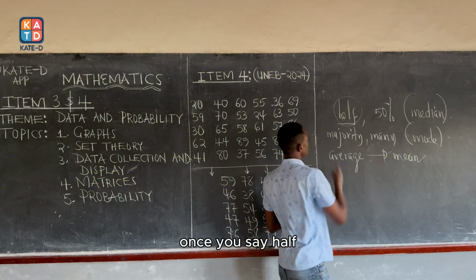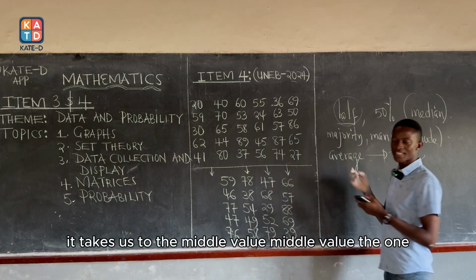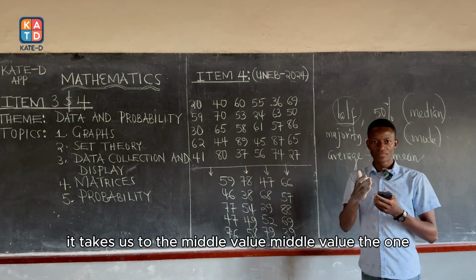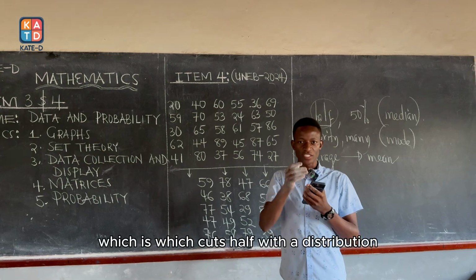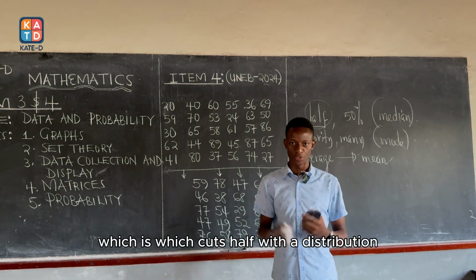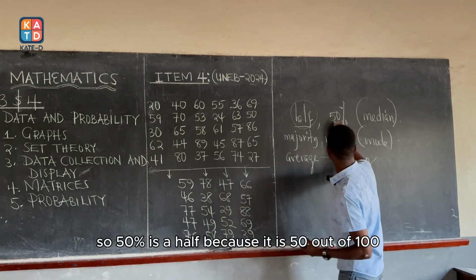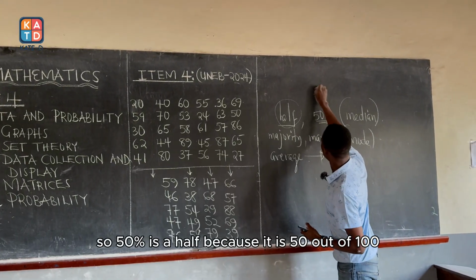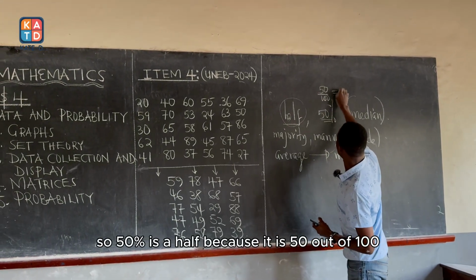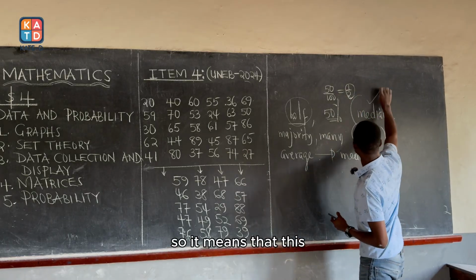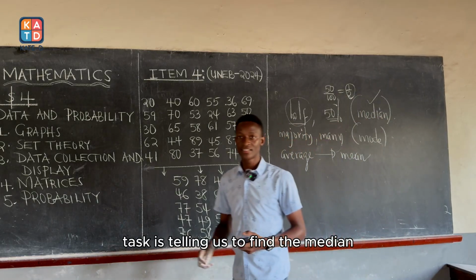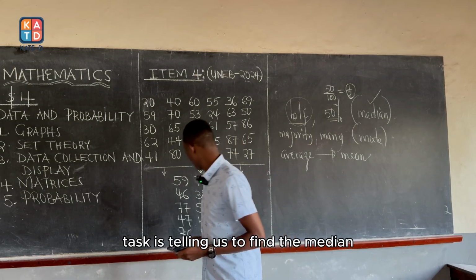Once you say half, it takes us to the middle value. We want that value, the number of bags, which cuts halfway the distribution. 50% is a half because it is 50 out of 100. So this task is telling us to find the median.